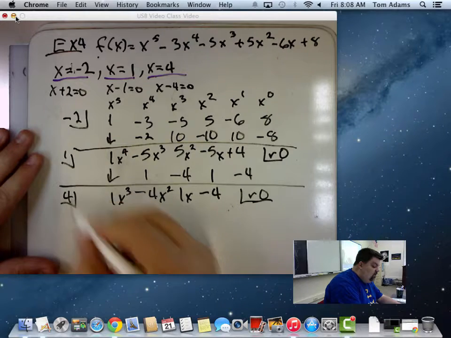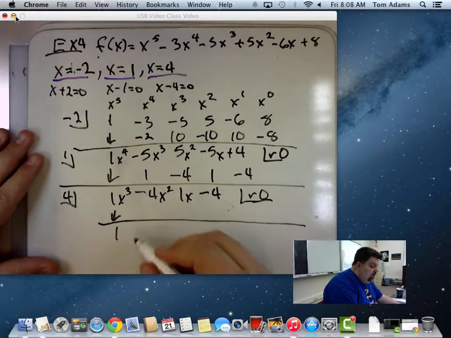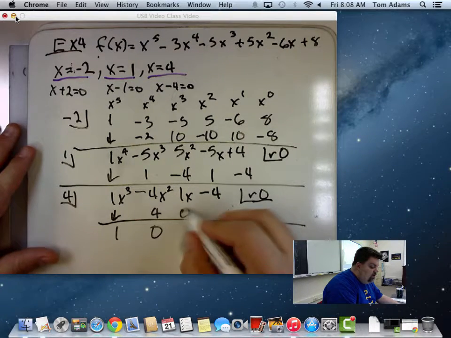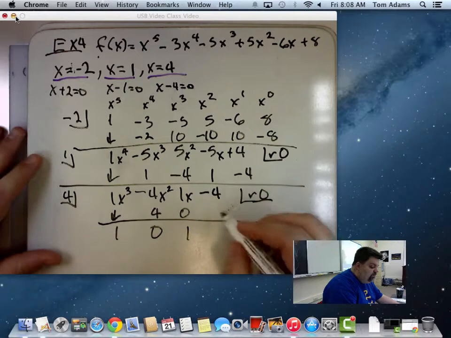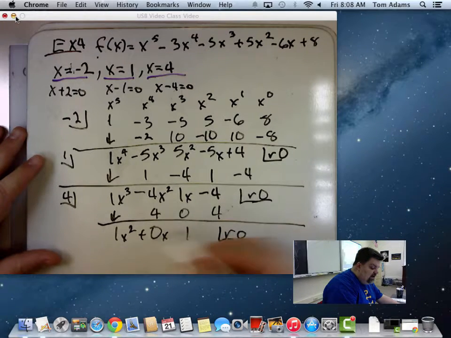Now I'm going to do the same thing with 4. Synthetic division. Drop the 1 down. 1 times 4 is 4. I get 0. 0 times 4 is 0. I get 1. 4 times 1 is 4. And I get a remainder of 0. This is x squared, this is x, and this is 1.